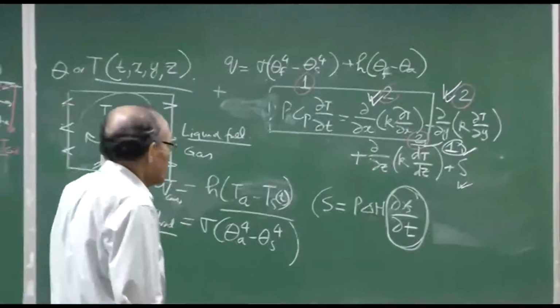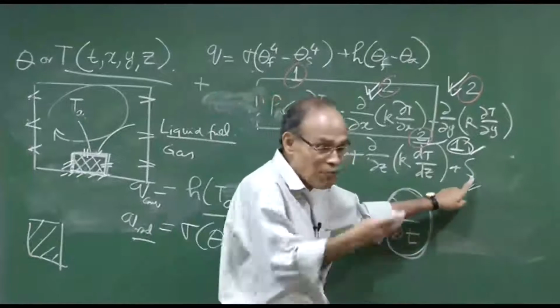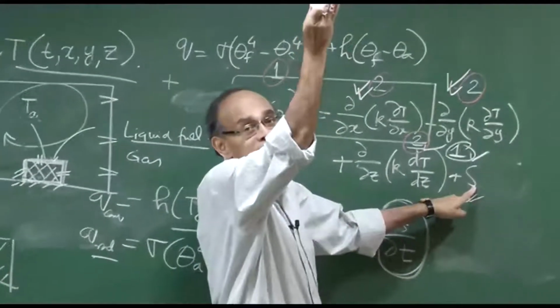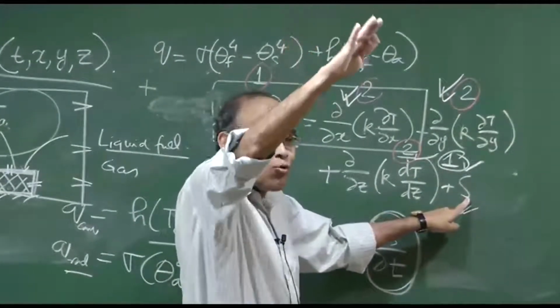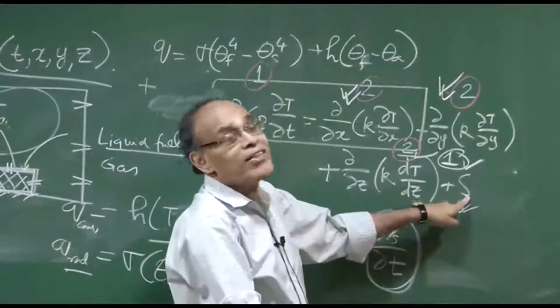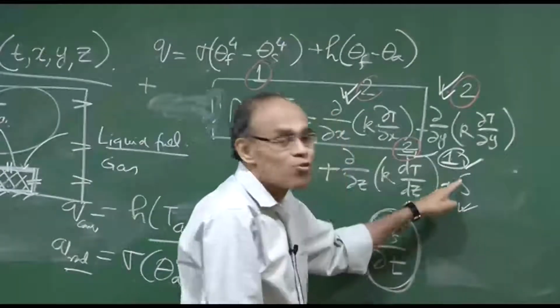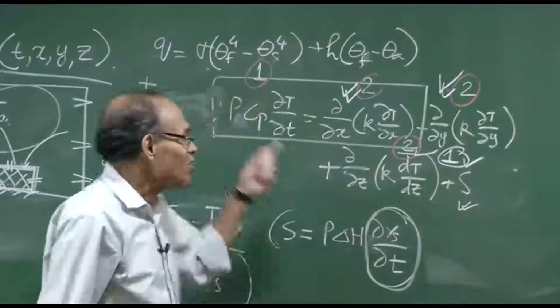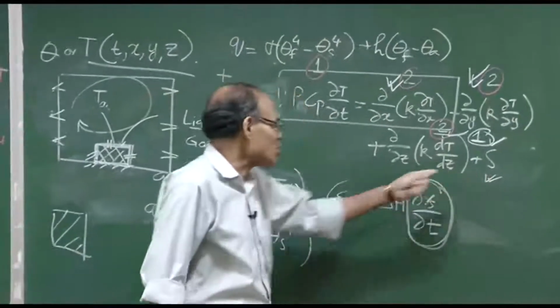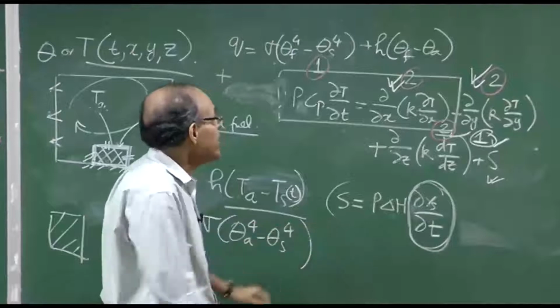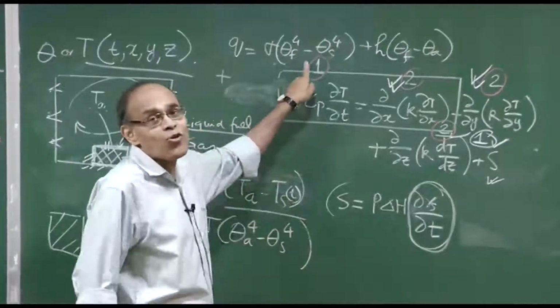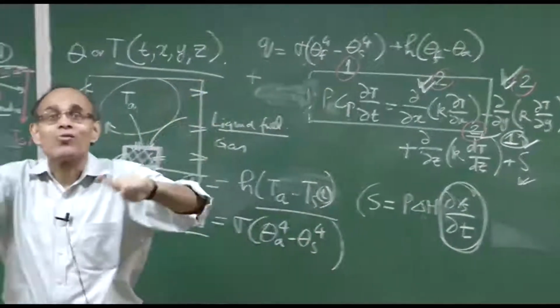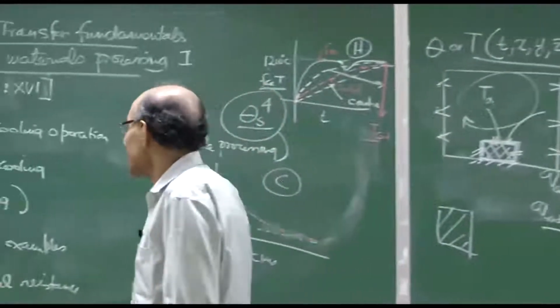If you consider that it is positive for perlite to austenite during heating, it is going to be negative when you go from austenite to perlite during the cooling. So, the same heat source term applies. The equation remains the same, and the formulation of the source term remains the same, okay? The only thing that changes is the boundary condition, which demarcates the heating problem from the cooling problem.